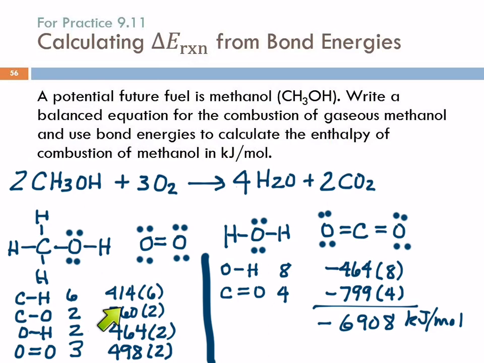And then I need to add all of these guys up. 414 times 6 plus 360 times 2 plus 464 times 2 plus 498 times 2. And I'll write this sideways, 5128 kilojoules per mole.